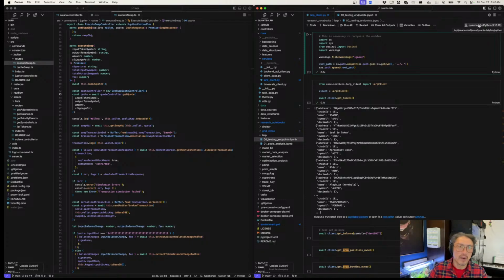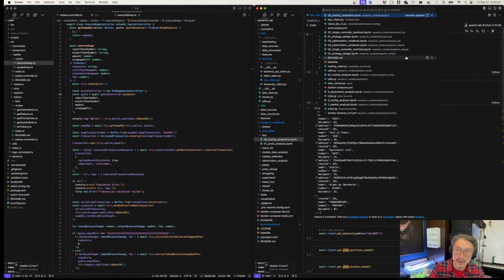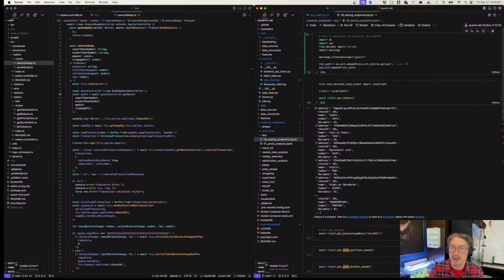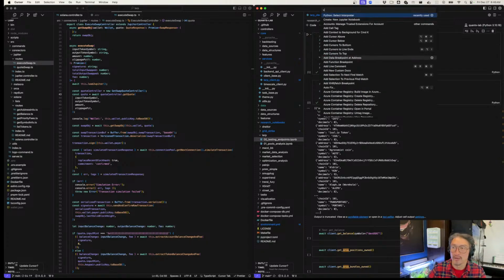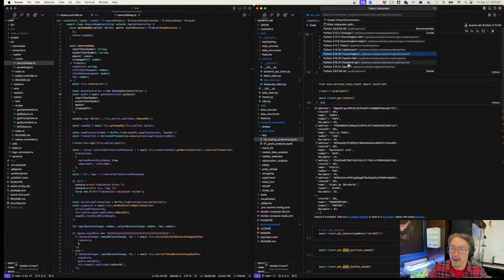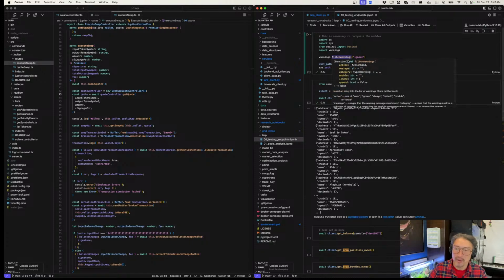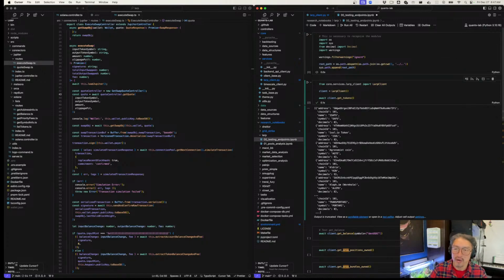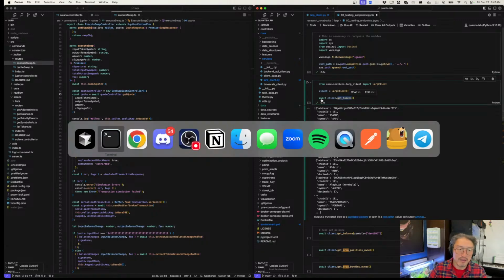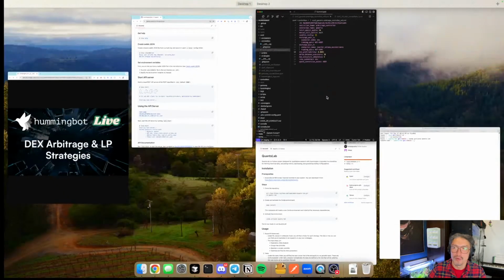So basically, I selected the Python interpreter, and I selected the Quantlab environment because that's the one I installed. This Quantlab environment has the Hummingbot library and other dependencies that are needed. So to test this, I'm just going to go through these and see. This one is going to call the get tokens command. So let me put it like this.